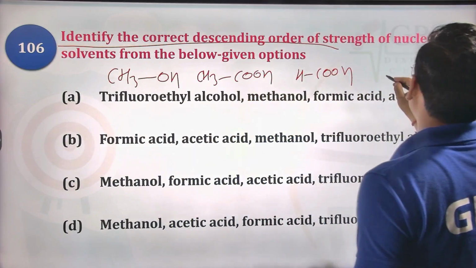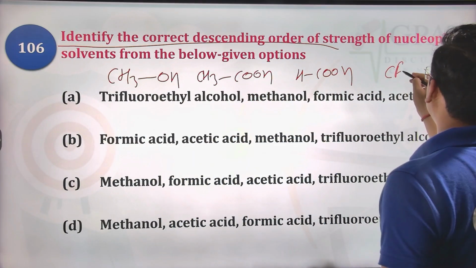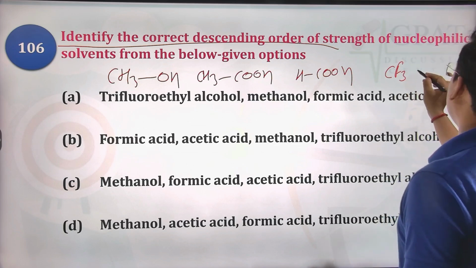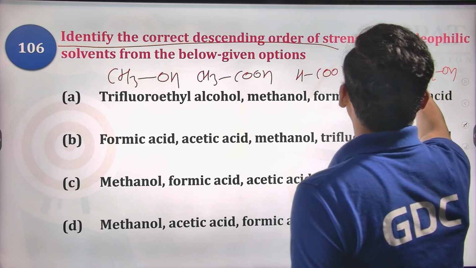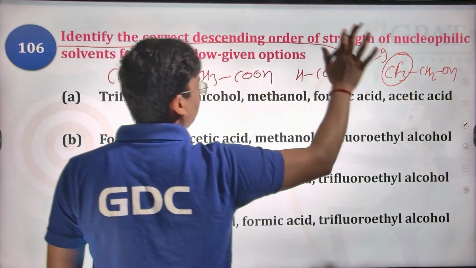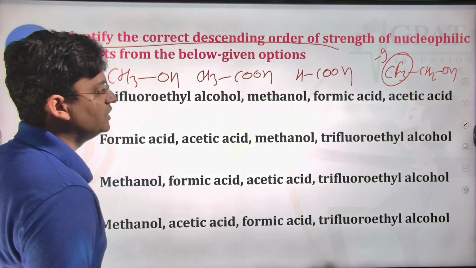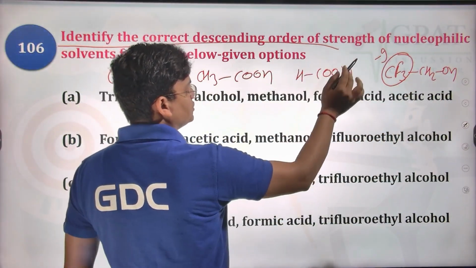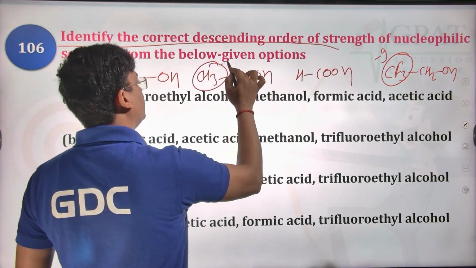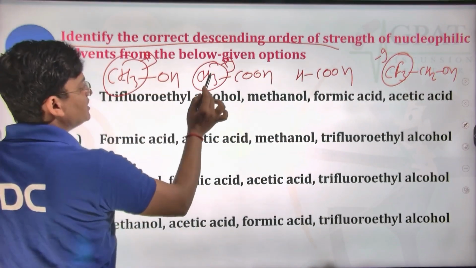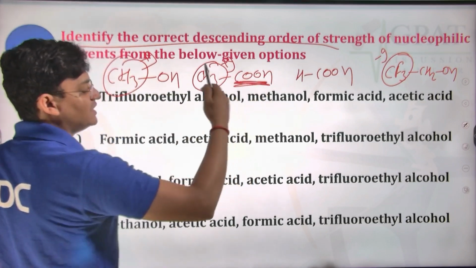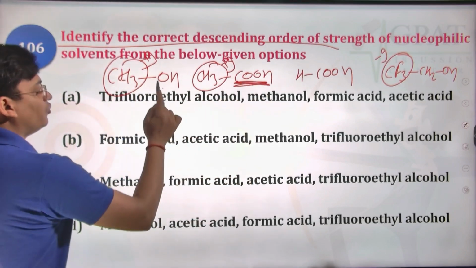And then we are having trifluoroethyl alcohol, CF3CH2OH. Since we are having 3 minus I nature, it will have very low nucleophilic strength. We are having no substitutions, so carboxylic, then a plus I nature group. Both of them are plus I, but the carboxylic is slightly resonance stabilized, while here no resonance is present.